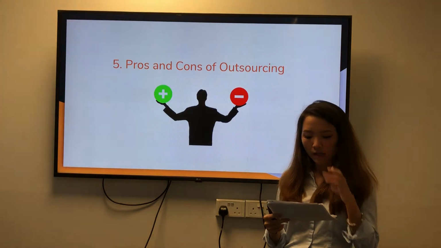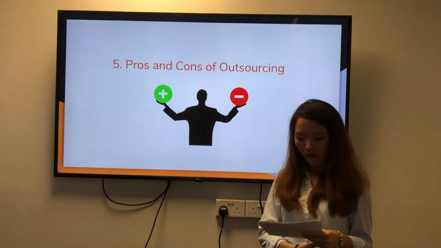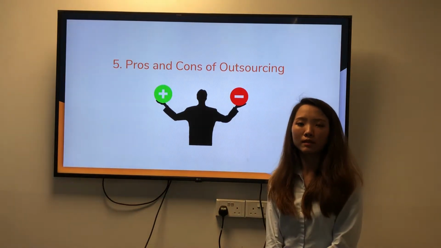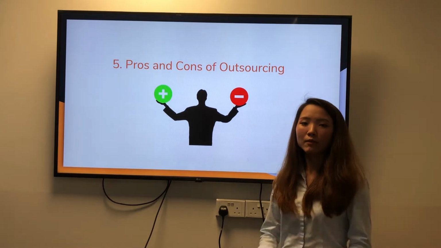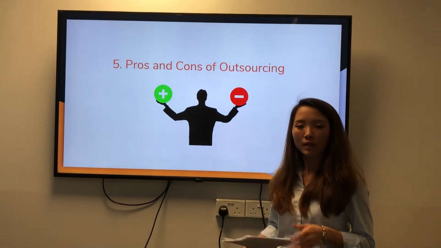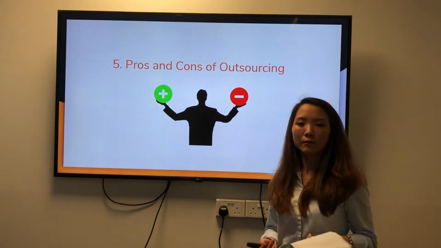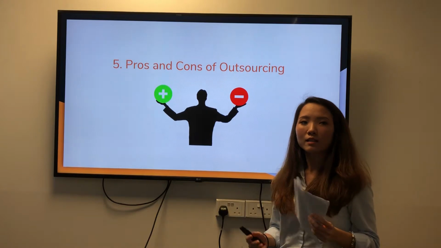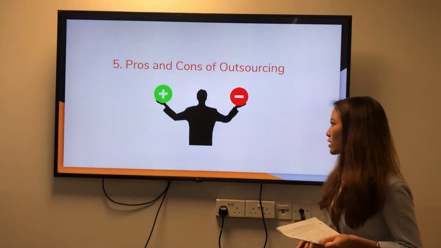Once these works are outsourced, in this case to DMS, they are responsible for maintaining the town council's property maintenance works. However, prior to outsourcing to a third-party vendor, it's essential to weigh the pros and cons of doing that. Although outsourcing may present a variety of benefits, it may also pose some difficulties if the wrong service provider is chosen.